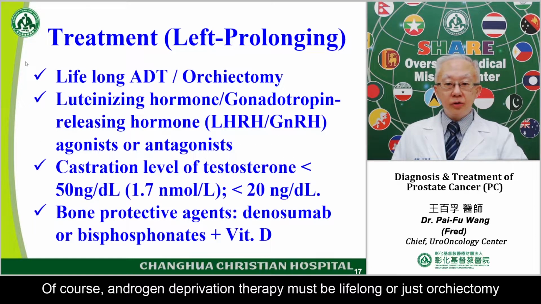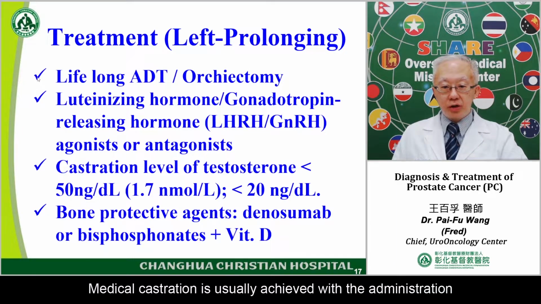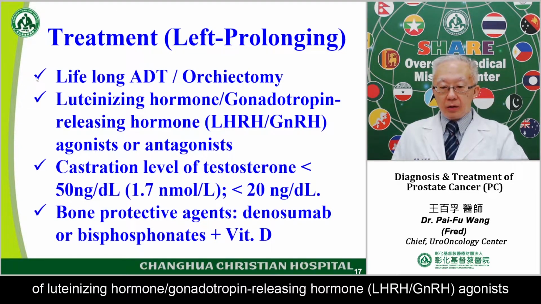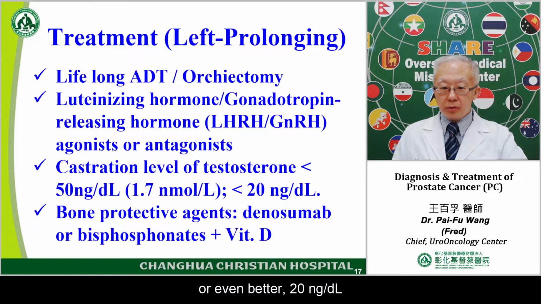Of course, androgen deprivation therapy must be lifelong, or just let patients receive orchiectomy. Medical castration is usually achieved with the administration of luteinizing hormone releasing hormone, so-called LHRH, or GnRH agonist or antagonist, at the castration level of testosterone less than 50 nanogram per deciliter, or even better, 20 nanogram per deciliter.